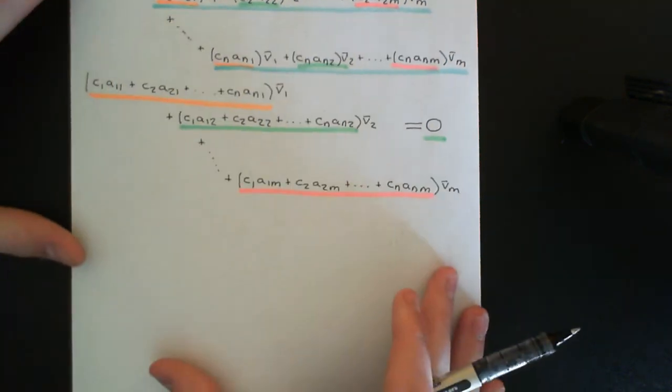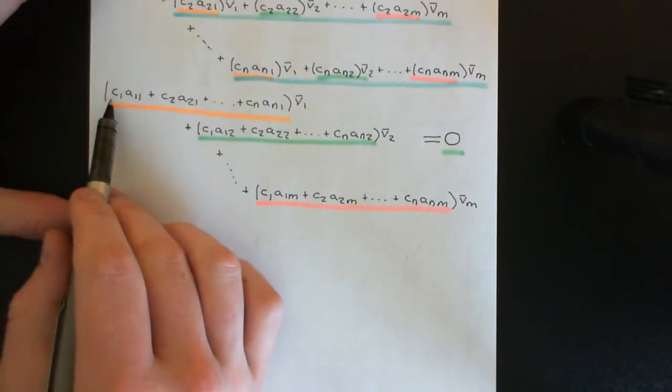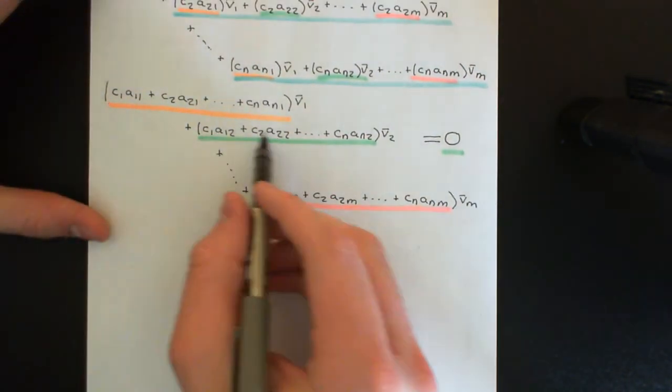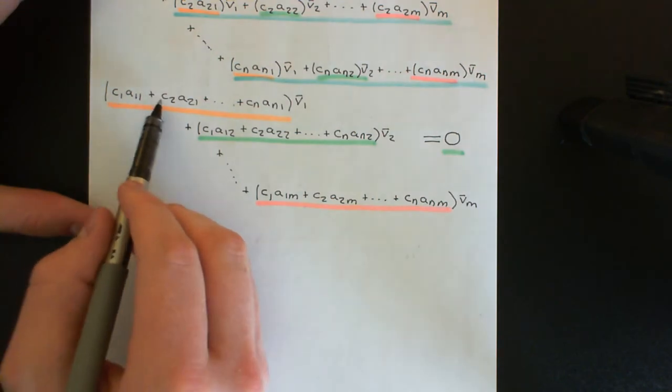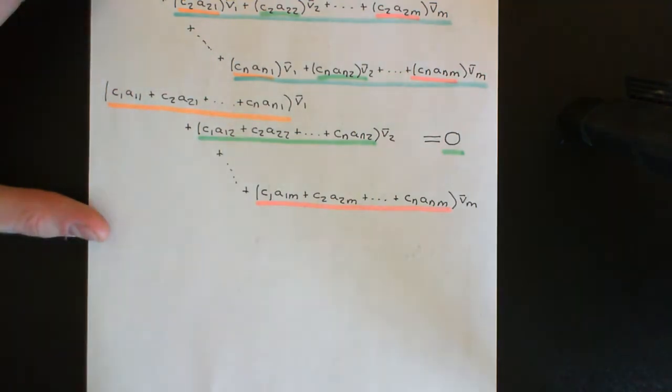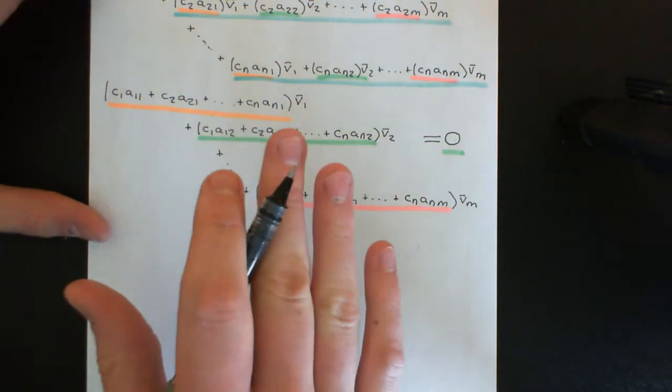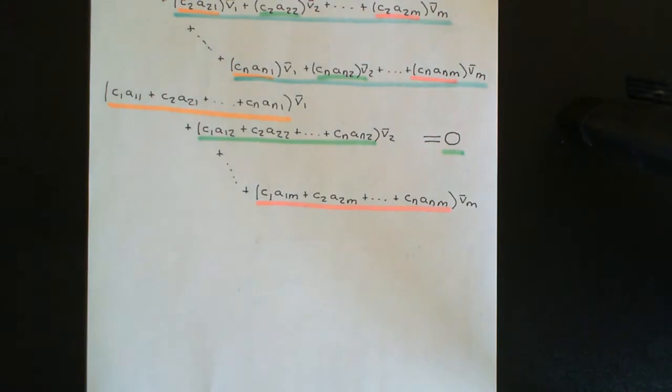So if I can find a non-trivial solution in terms of these c1, c2, all the way up to cn, such that all of these coefficients end up being 0, then I'll be in business. I will then have a way of finding you a linear combination of my vectors of the set L, which I claimed was linearly independent, which gives you the 0 vector.